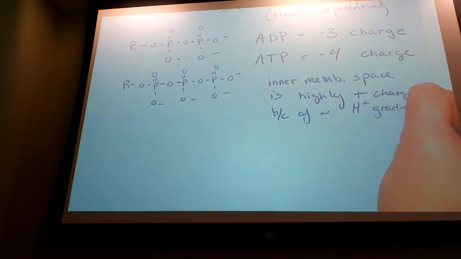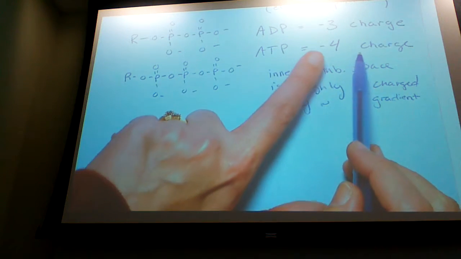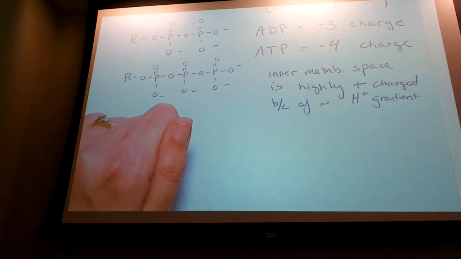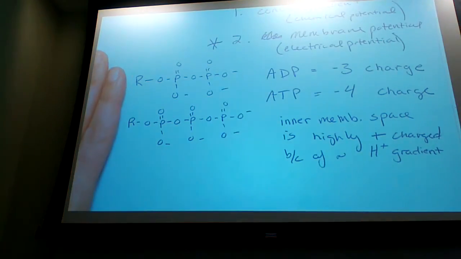And we're going to come to how that proton gradient was established in a moment. But that inner membrane space is very positively charged, which means that in order to eliminate the potential, or to have a net free energy change of 0 at equilibrium, I'm going to pull the more negative thing out of the matrix and put the less negative thing into the matrix to diffuse that electric potential. That is the major reason for the transport.